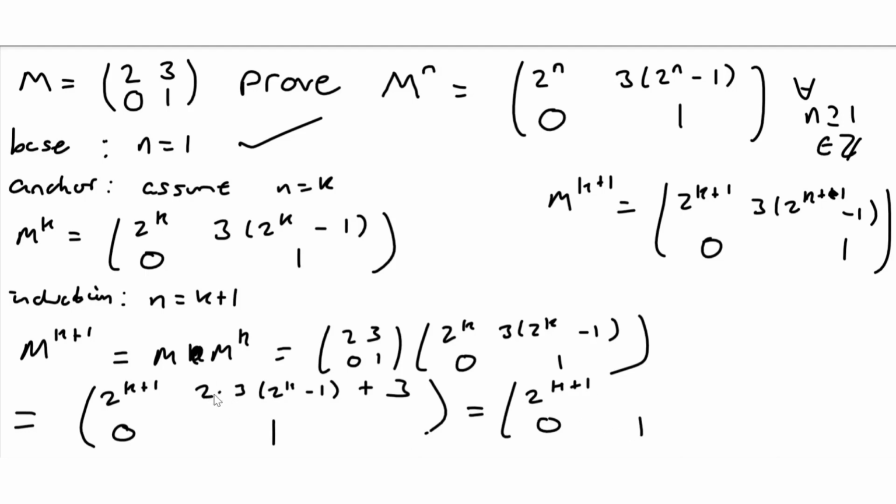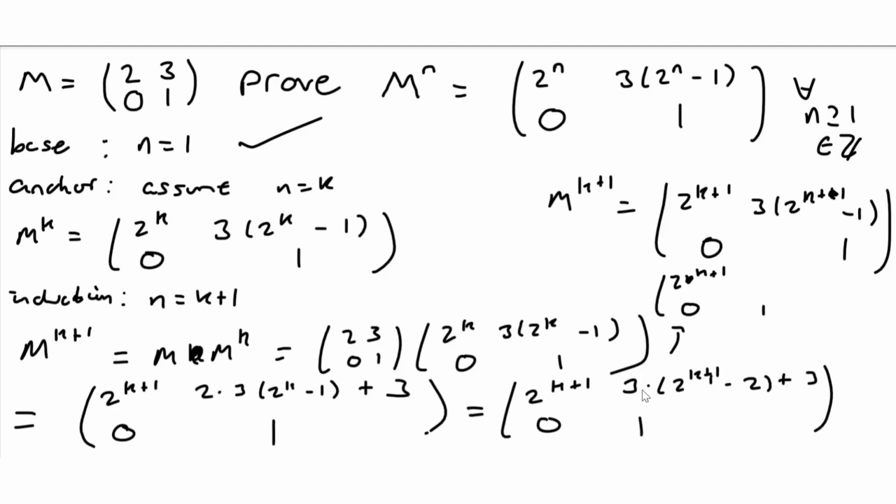So here, bringing this 2 inside, we're going to get 3 multiplied by 2^(k+1), and then we're going to get minus 2. So let's put that in. So we're going to get 3 times 2^(k+1) minus 2, plus 3, and then if we just go up here, all these other terms staying the same.